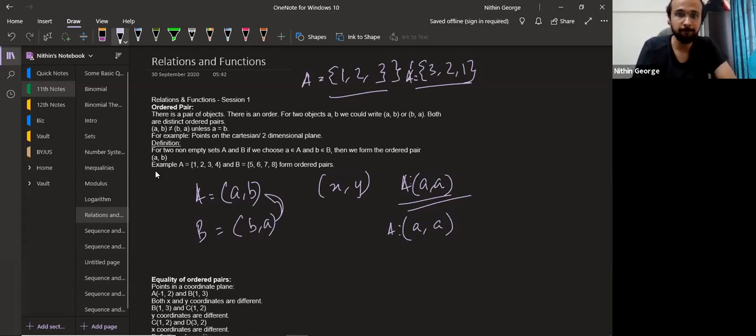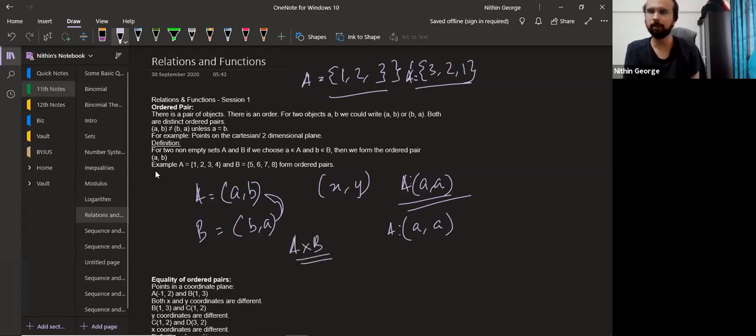So if I take an ordered pair from A cross B, to discuss A cross B, have we discussed Cartesian product?